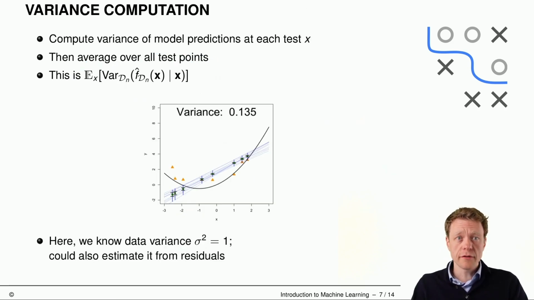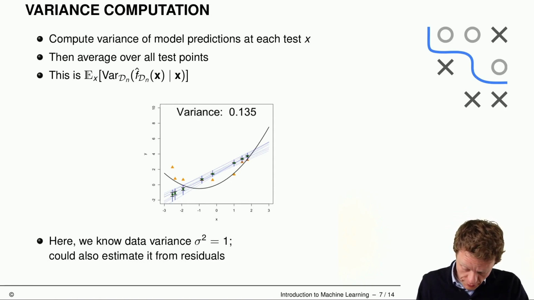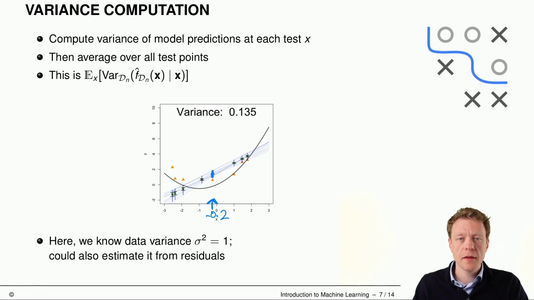Similarly, we can compute or estimate the variance of the model predictions. Let me start again. For computing the variance, we look at each test data point x separately. So let's start with this one here. It really doesn't matter. What we are interested in now is the variance of these different models trained on different bootstrap data sets at this test point location, minus 0.2 or something like that.